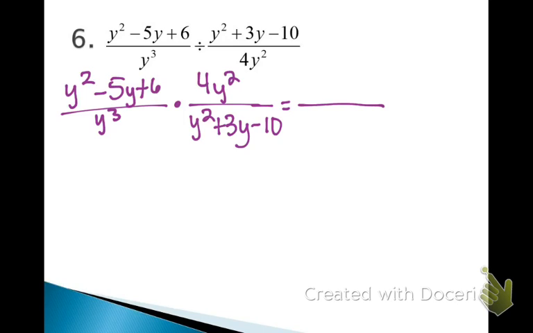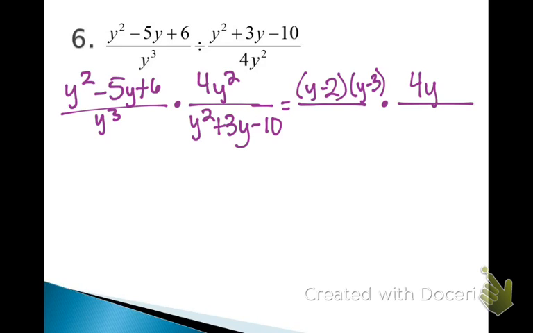Now, after we are done flipping our second fraction, we are ready to factor. First numerator factors into y minus 2, y minus 3. Good. Did not give myself enough room this time. All right, what about my other numerator?